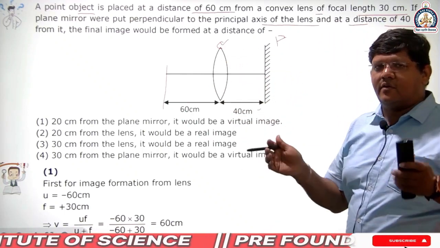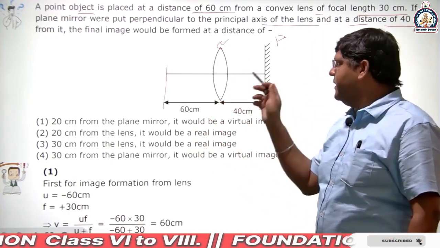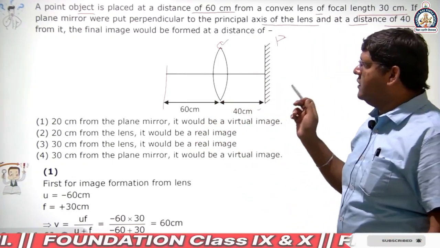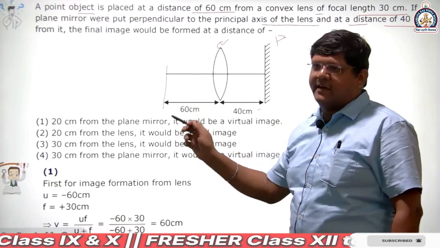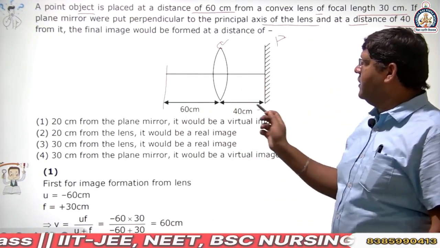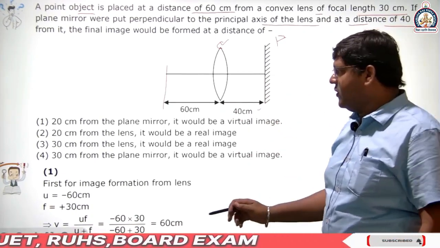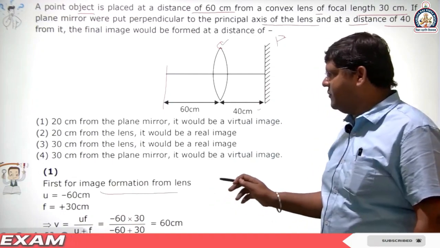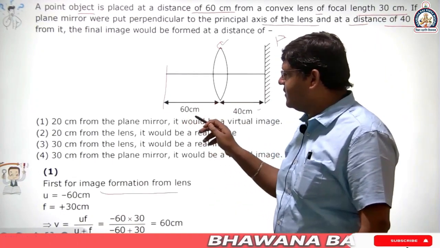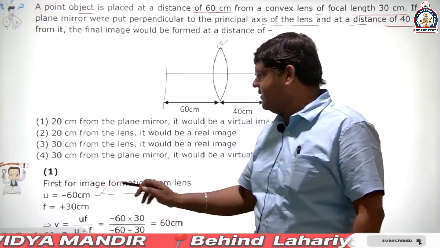This is the concept of combinations, in which we are provided with a lens and a plane mirror. The object is at a distance of 60 cm from this convex lens and a total of around 100 cm from the plane mirror. For the first image formation from the lens, object distance is 60. Because it is on the left hand side, we take minus 60.